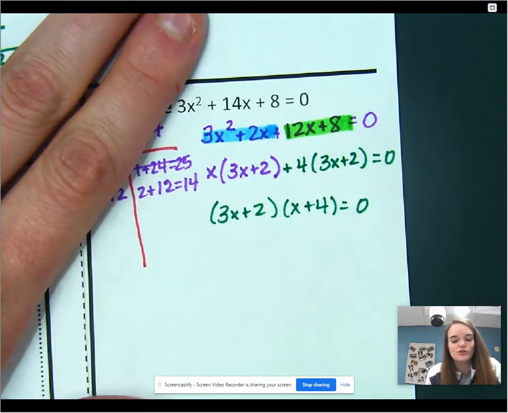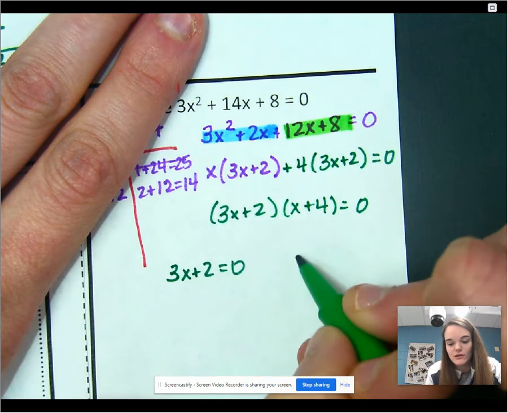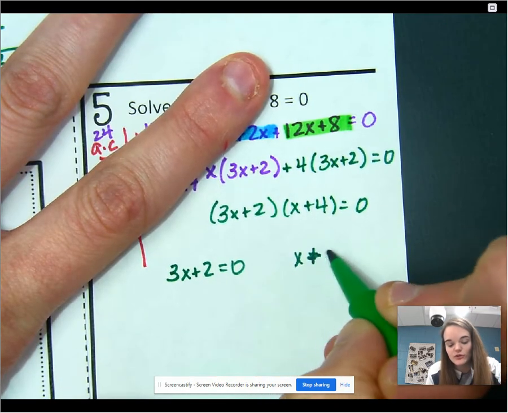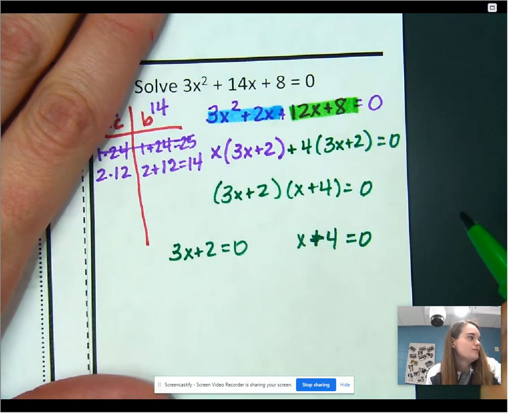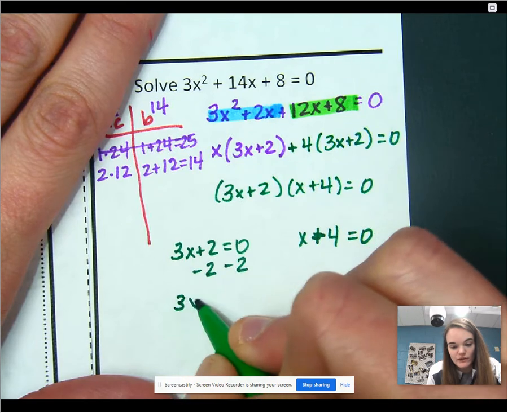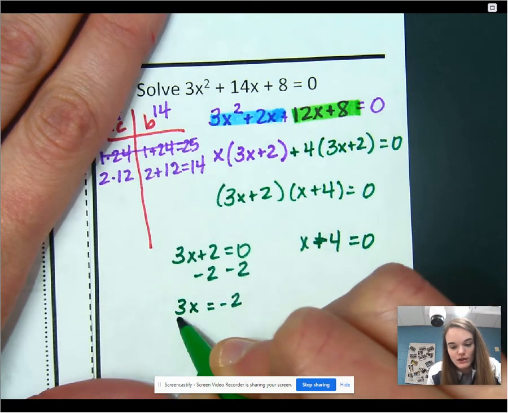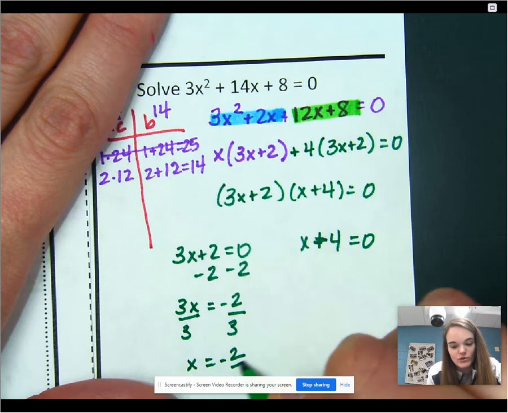Now I'm going to solve just like I did earlier after it's factored. x plus 4 equals 0. Okay, and I'm going to start subtracting. So subtract 2. So 3x equals negative 2. Divide by 3. x equals negative 2/3.